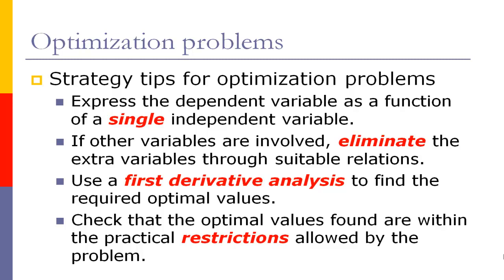Or maybe if we're trying to optimize our investment, there is only a certain amount of money we can invest, and therefore there is a maximum to how much we can do, even though mathematically we could go beyond that maximum. So make sure that the optimal values you found are always within those practical restrictions, or, an equivalent way of saying that, make sure that you do your first derivative analysis only within the given acceptable domain. Don't go outside of it.